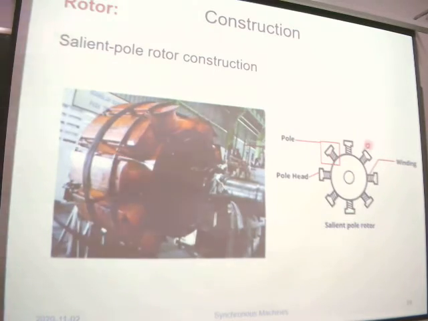And also we see another kind of rotor, the salient pole. The picture is this one, which is not very clear. We see this part is the pole, and the top of it we call the pole head. And the windings, this winding.